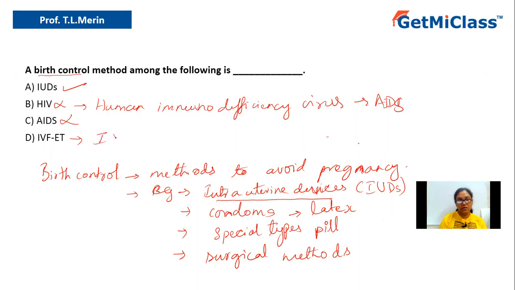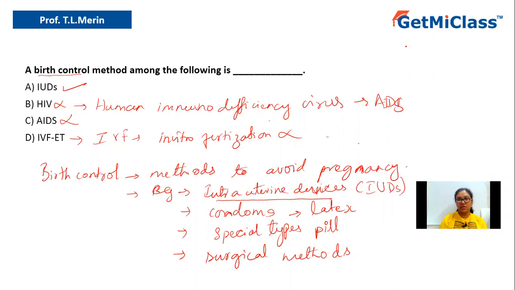IVF is in vitro fertilization, where the fertilization of the ovum is carried out in laboratory conditions. And this is also ruled out because we are looking for a birth control method.